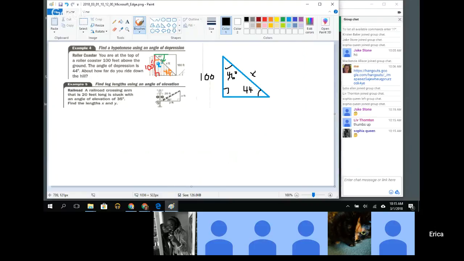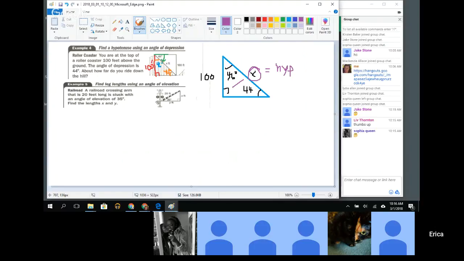Oh, we need to figure out what they're asking for. How far do you ride down the hill? Well, this would be a crazy roller coaster if you just went straight down the hill like this, but I guess they have you bottoming out after it. So how far down the hill do you go? There's multiple ways you could go about this because you have multiple angles here. The one thing to note is that what you're trying to find, your X, is the hypotenuse, the side across from the 90-degree angle.